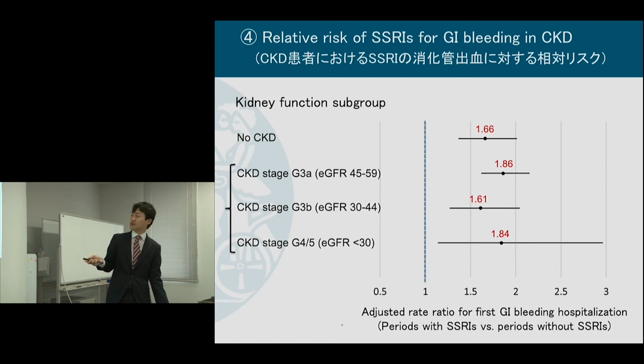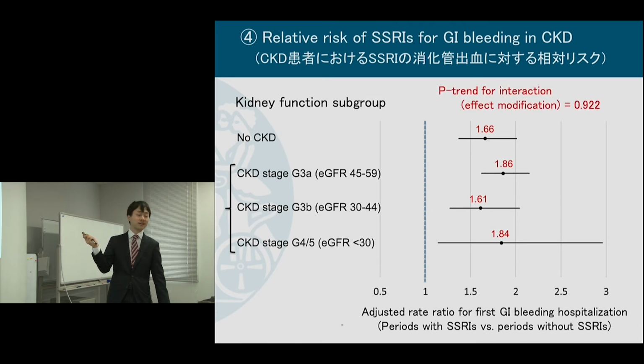But the result was very similar. So there is no big difference of relative risk according to the level of kidney function. And I conducted a test for interaction, to test whether this relative risk is different between the kidney function groups. But there is no evidence.